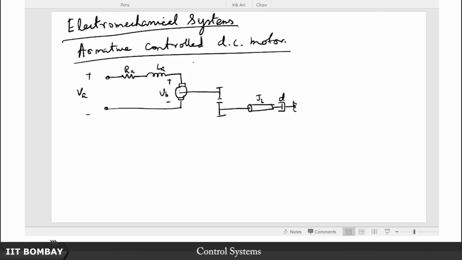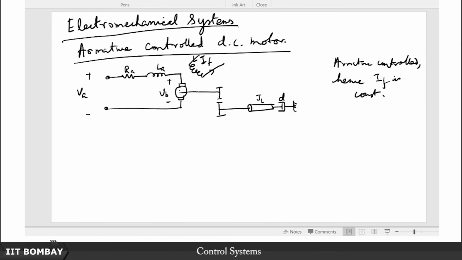Of course, there's a field circuit here. In a field controlled DC machine, it is the field current that varies, which in turn controls the flow of current through the armature. This is the field current, IF. Here we will assume that this is armature controlled, hence IF is constant.